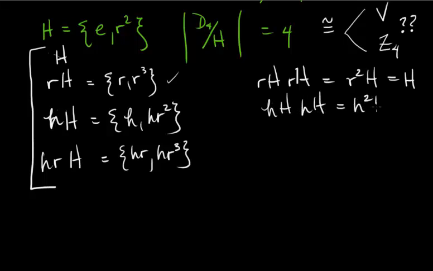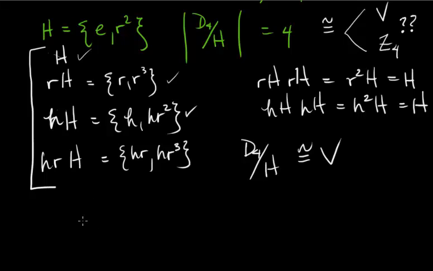We get H squared H squared, which is the identity. This one also has order 2, and you don't even have to try the third one, because we know that if these 3 elements all squared give the identity, this one is order 2. Z4 only has 1 element of order 2. So we know that D4 mod H is isomorphic to the Klein 4 group.